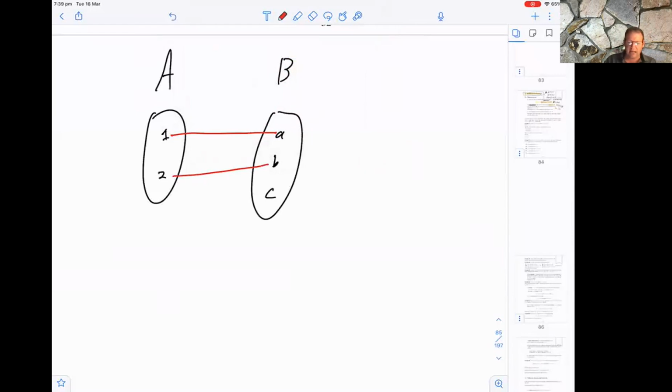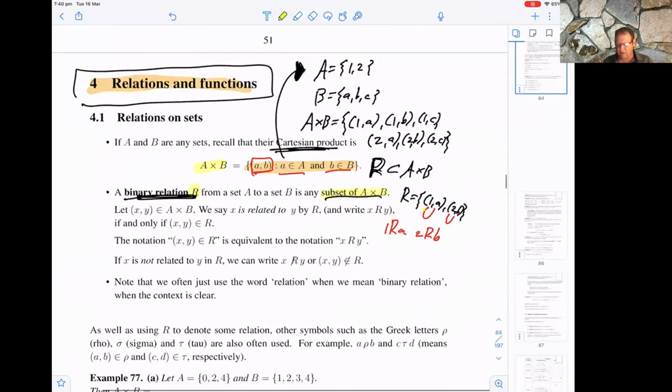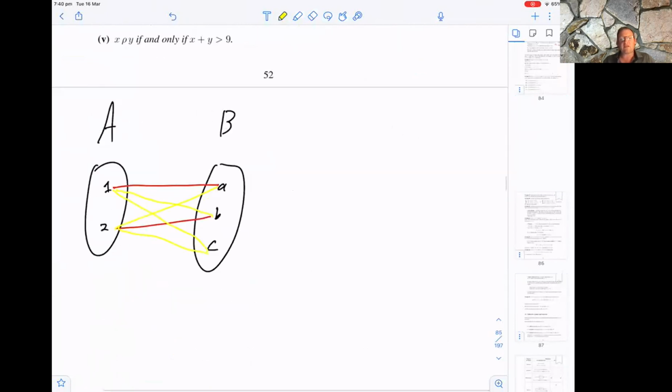Sorry, the software has frozen. The other elements of the Cartesian product, I'll draw them in yellow: this one, this one, this one, and this one. The other additional 4 elements, the ones that weren't in this specific relation.